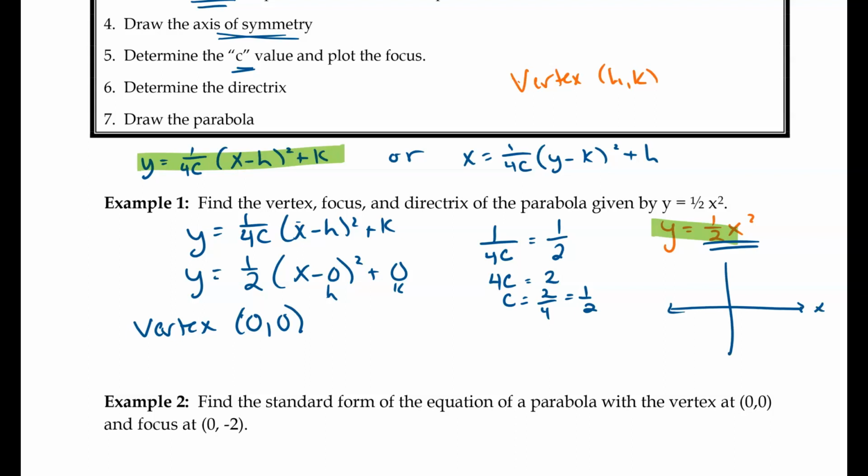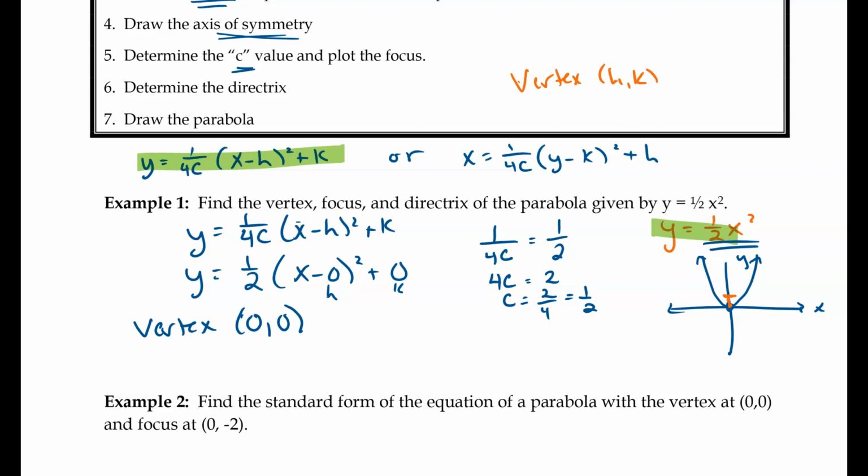We have our x, we have our y. Our vertex is at 0, 0, and c is a positive 1/2, so I know my parabola is opening up. Now, how do I find my focus? Well, you go to your vertex and you go either up, down, or right, left based on what you have. Since it's a positive 1/2, I go up 1/2.